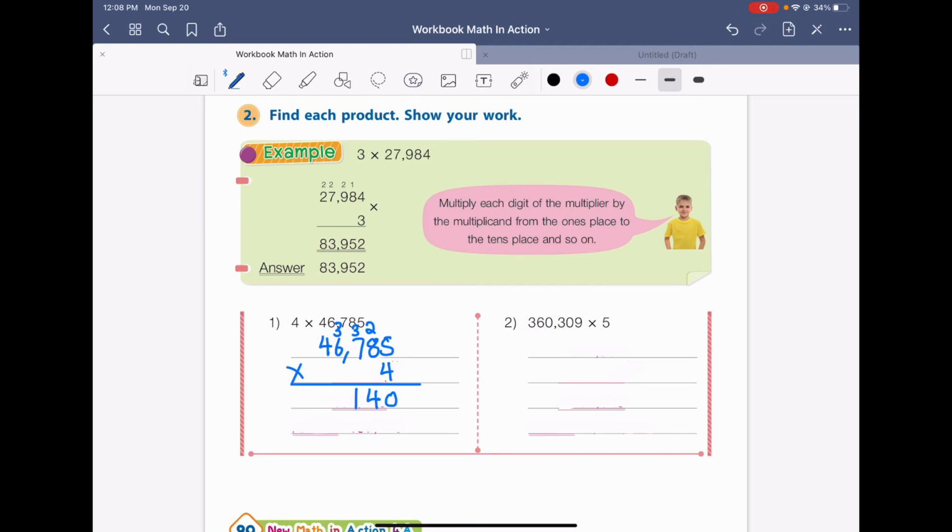Plus 3 is 27. Carry over the 2. 4 times 4 is 16. 16 plus 2 is 18. So we end up getting 187,140.